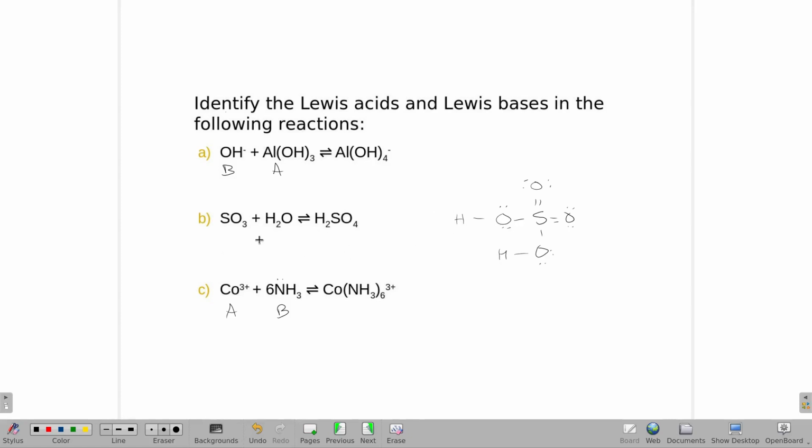So when this was water and SO3, we could have drawn it like so. And we can say donating electrons to make that bond. And at the same time, it's kind of donating electrons to make that bond.